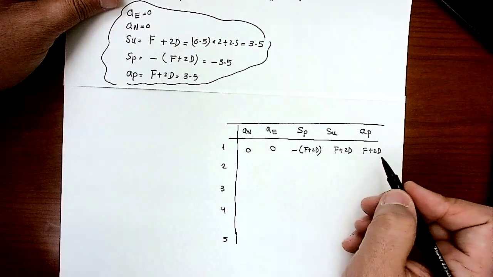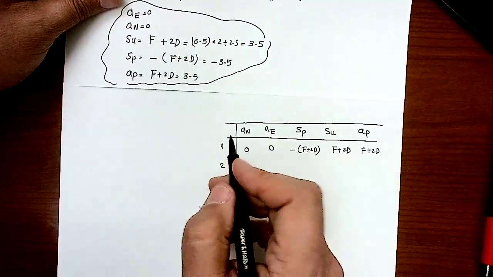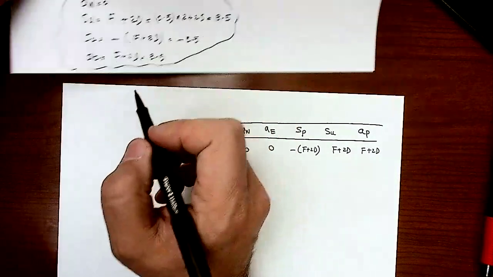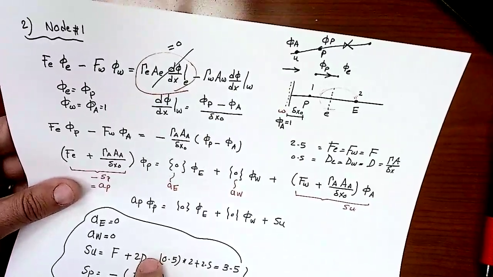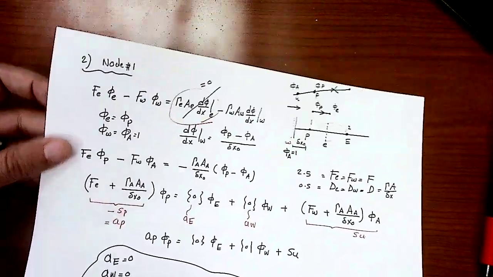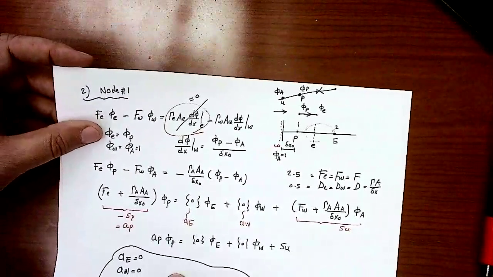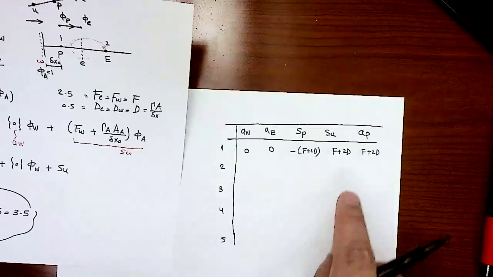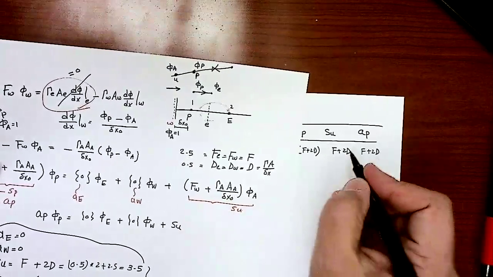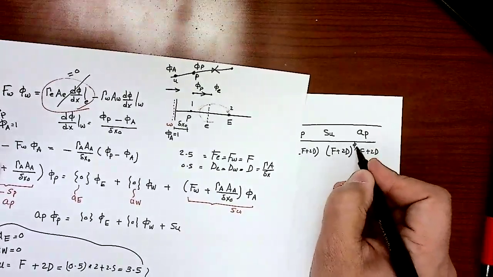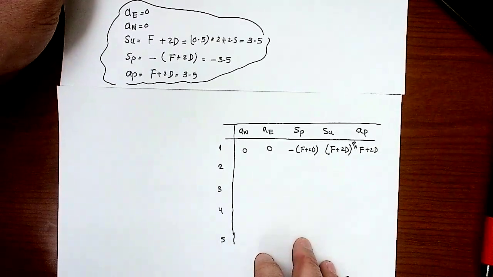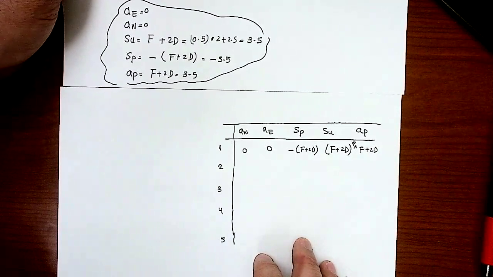Okay? Just one thing to be sure of. Yeah, so for the SU, it's F plus 2D times phi A, which is 1, by the way. I'm just putting everything in a full format here. Okay? That's the coefficient for node number 1.